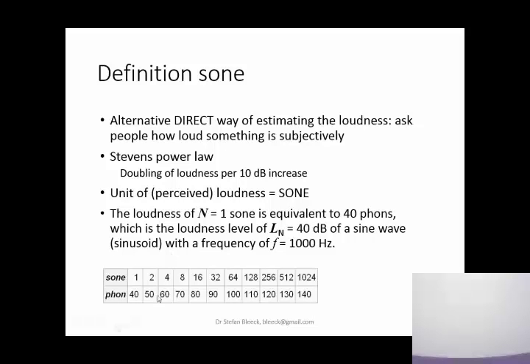Then if you double the loudness, because of Stevens law we have a 10 dB increase, so 50 decibel would be 2 zone, 60 decibel 4 zone, 70 decibel 8 zone, and so on. This goes lower than 40 obviously, lower than 1, so you get a range between 0 and about 60 for reasonable sounds.